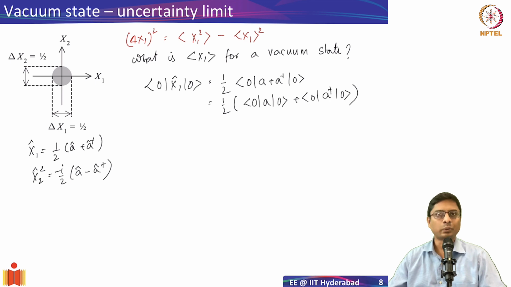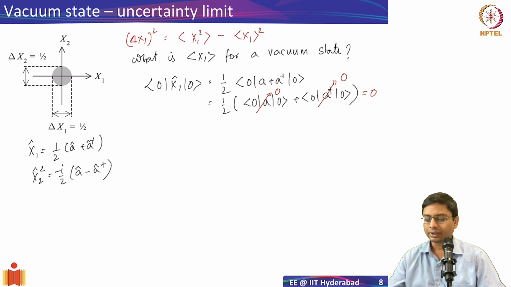You get the number state 1, and number state 1 is orthogonal to 0, so the whole thing goes to 0. Similarly, a is a lowering operator, the annihilation operator, so if it operates on state 0, you essentially get 0. So this also goes to 0. The entire thing is 0. The expectation value of x1 is 0.